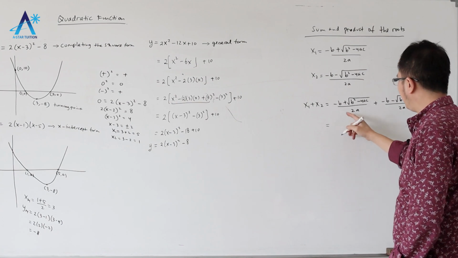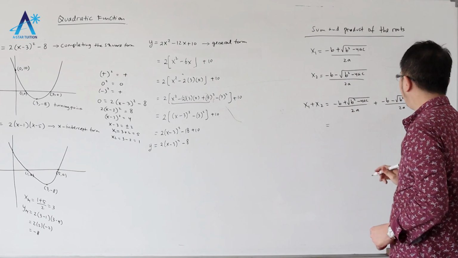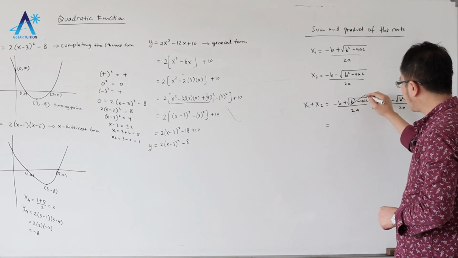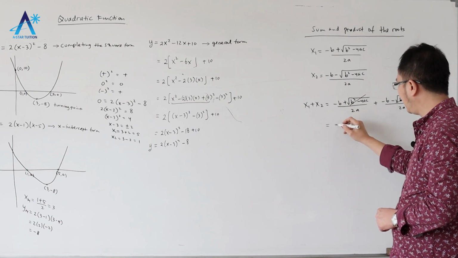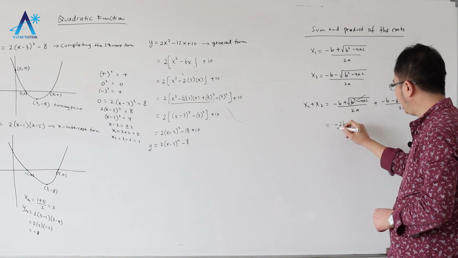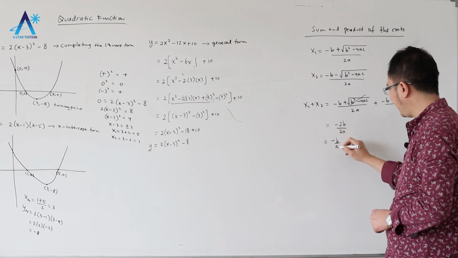Now because they both have the common denominator, we can actually combine them right away, and this term will cancel this one. So the numerator will be equal to negative 2b over 2a, which is essentially equal to negative b over a.